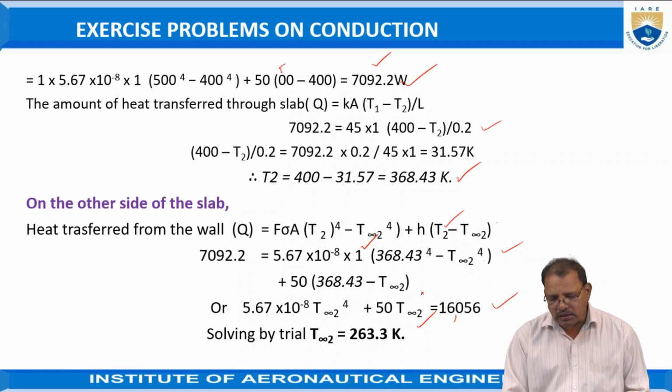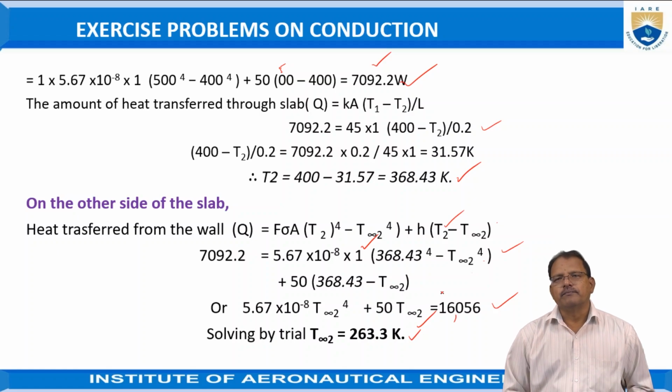We got T alpha 2 equal to 263.3 Kelvin. This is our answer.